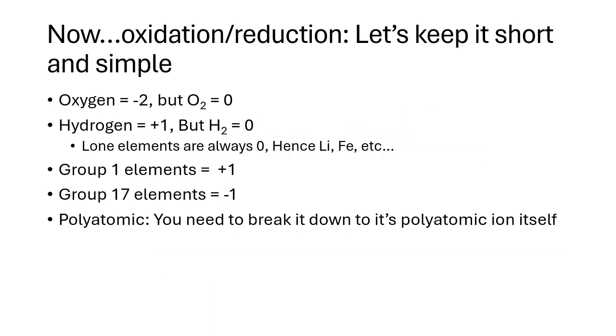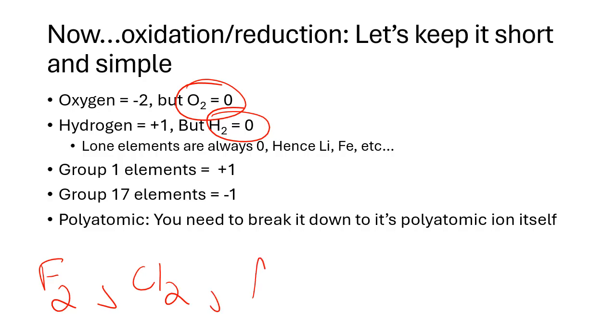So just to revisit the rules, oxygen is always -2, but it's in group 16, so that makes sense. The O2 is a 0. Hydrogen is always a +1, but it's in group 1, so that makes sense. But H2 is a 0. Just like F2 would be a 0, the Cl2 would be a 0, and just like Na would be a 0, and Mg would be a 0, and N2 is 0.